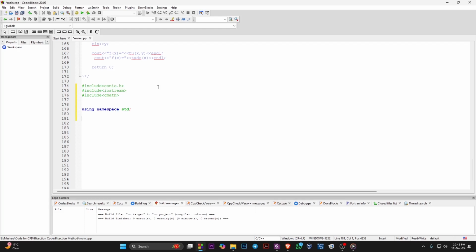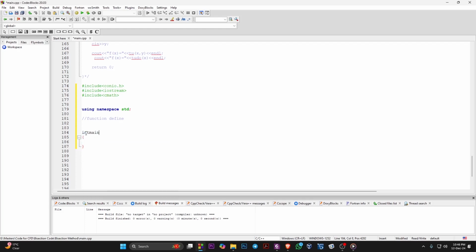Then my first problem is to define this function. Okay, define the function. We have to define the function before the main function, the int main function.